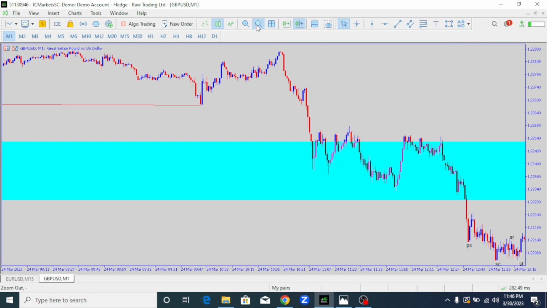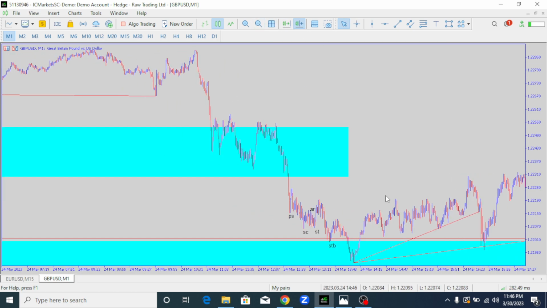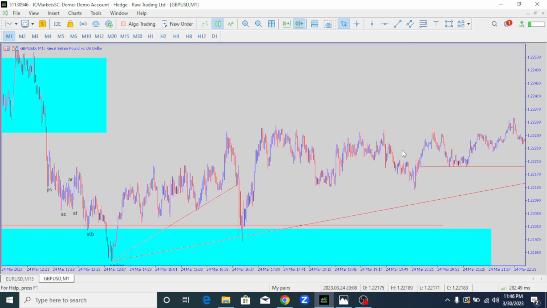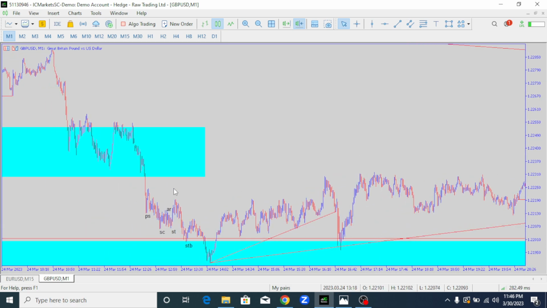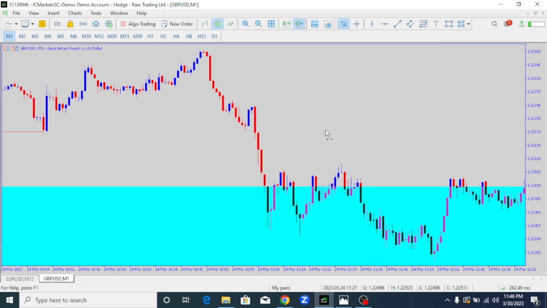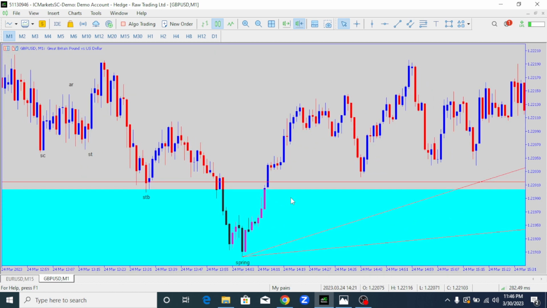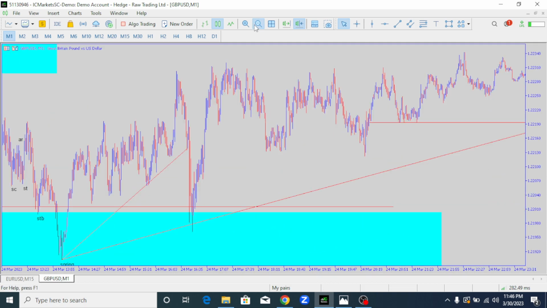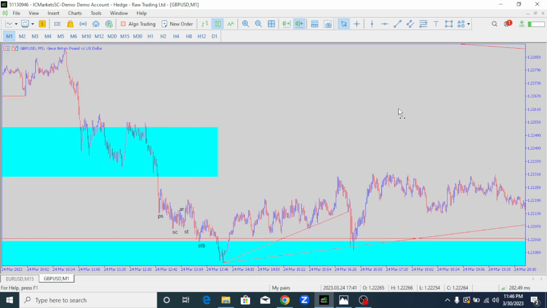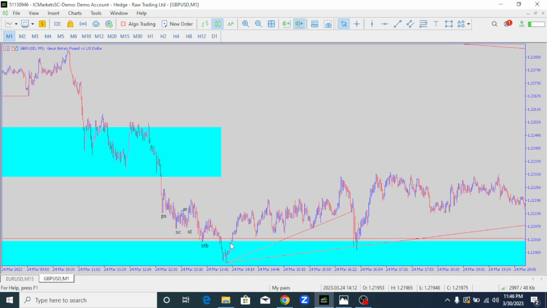So we waited for the price to react on a second point of interest. So the price started to accumulate, you see, as it reached our point of interest. And we waited for our accumulation to be completed. So you see, this is the first trend line manipulation.